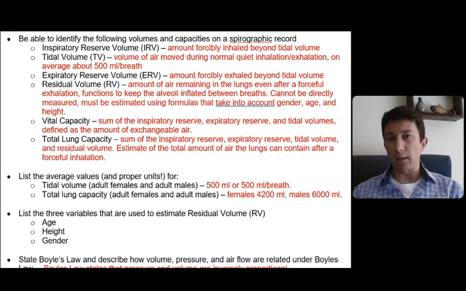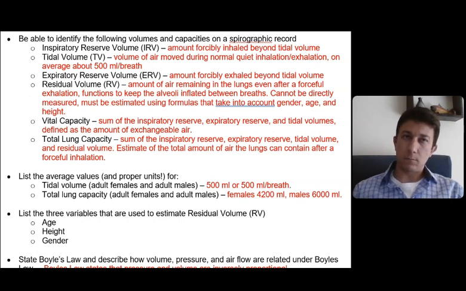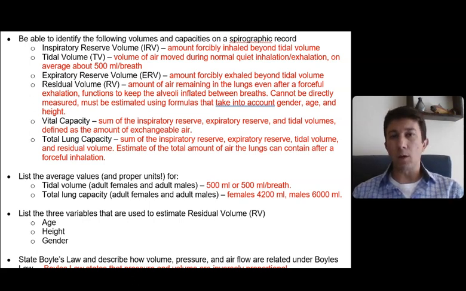gender, age, and height. In Moodle, specifically in the physiology side of things for the respiratory system, you'll see two equations, one for males, one for females. Those equations take into account age as well as height, because age determines the ability of the lungs to expand when we inhale, or in reverse, to be compressed when we exhale, and height determines thoracic cavity volume.